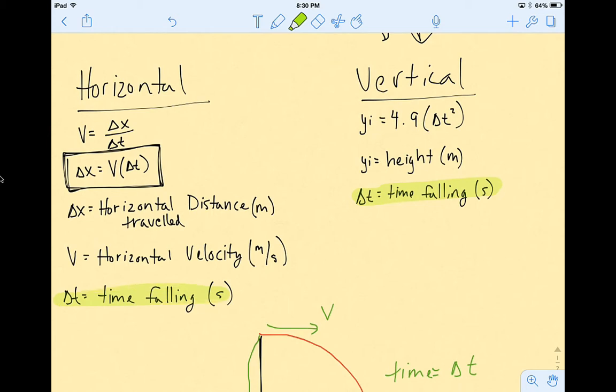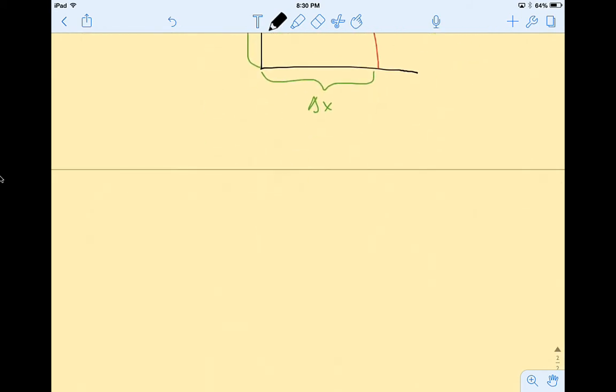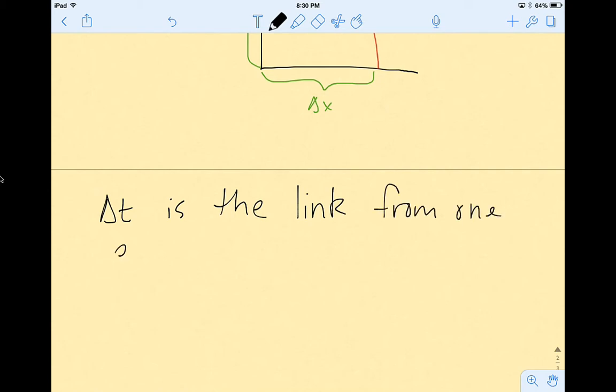So delta t is the link from one equation to the other. So I'm going to write that really big here. Delta t is the link from one equation to the other.